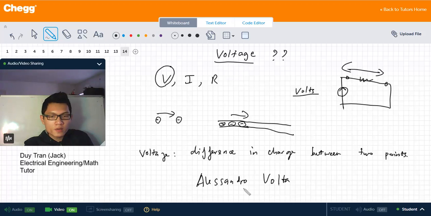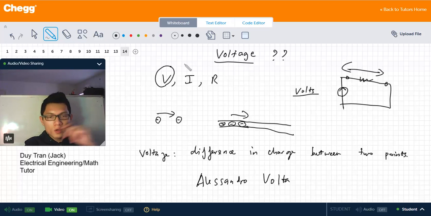This physicist is the one who invented what is considered the first chemical battery, and the voltage is represented in the equation of the chemical battery by the letter V. So that's why we have the letter V for the voltage.